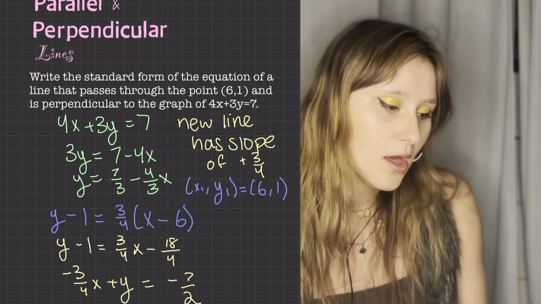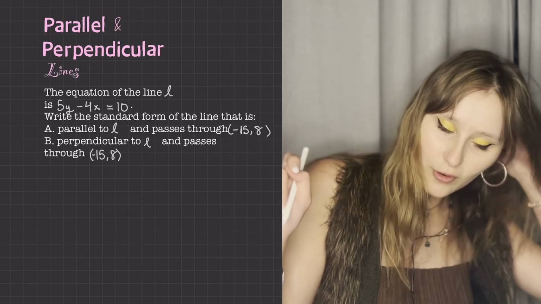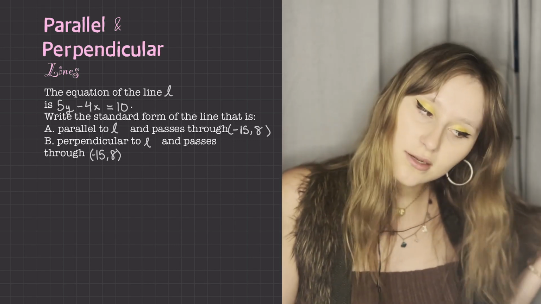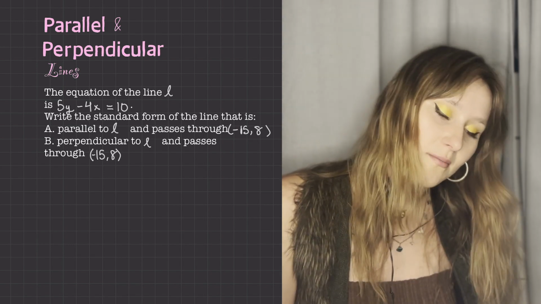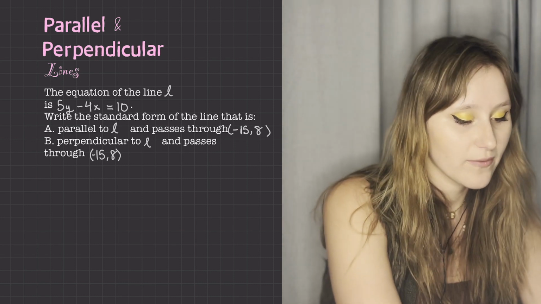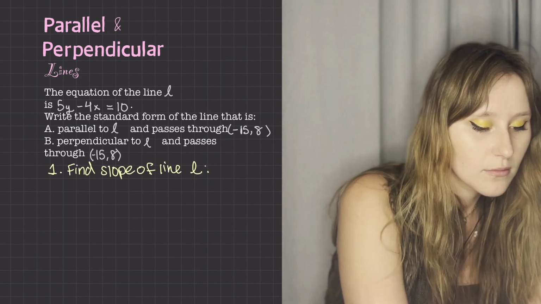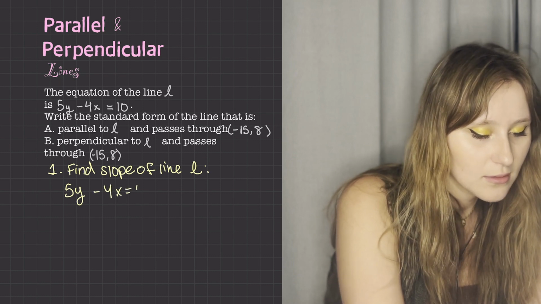Okay. That's all we got to do. The equation of the line L is 5y minus 4x equals 10. Write the standard form of the line that is parallel to L and passes through minus 15, 8. What are we doing first? We're going to find the slope of the line L. So 5y minus 4x equals 10.